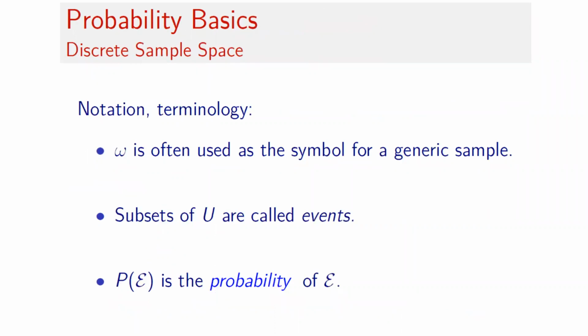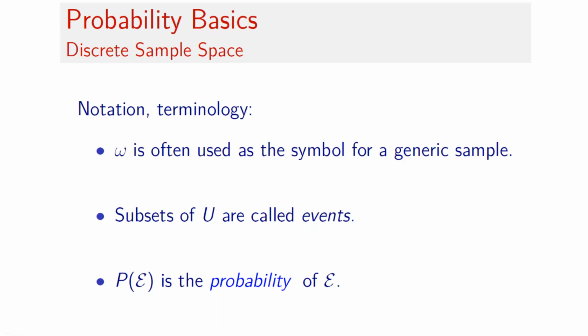Now here we have some notation. In the following slides we will see the difference between lowercase and uppercase. Lowercase omega is often used as a symbol for a generic sample. Also, the subsets of capital U are called events, and we saw this in the previous slide.